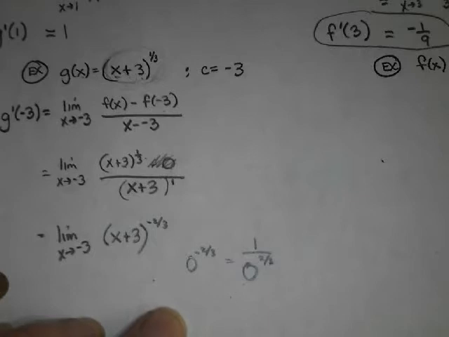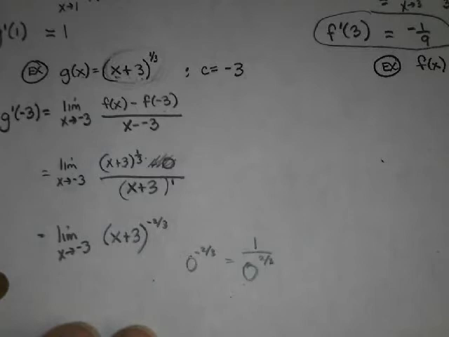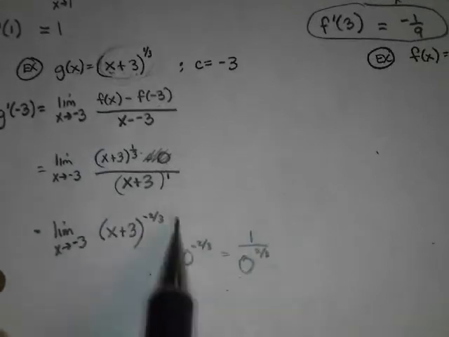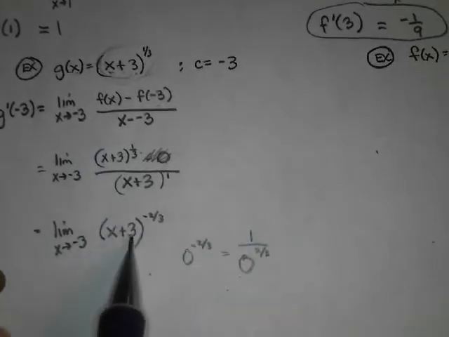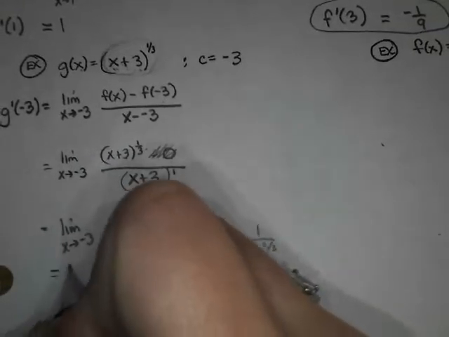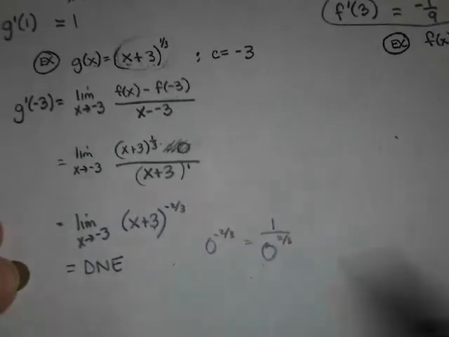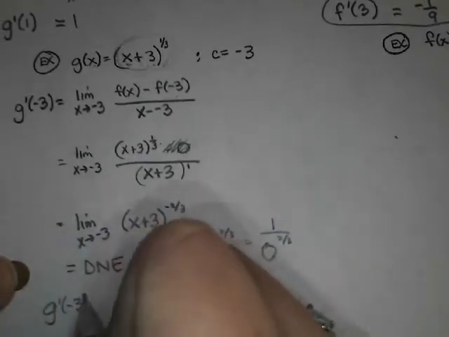So really, there's no way I can simplify this to make direct evaluation work. I get 1 divided by 0, I get an undefined, and that's because the limit of this function does not exist. So because that limit does not exist, our derivative at negative 3 does not exist.